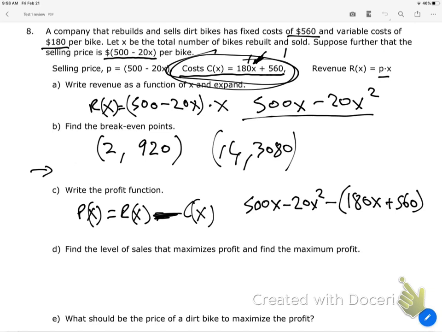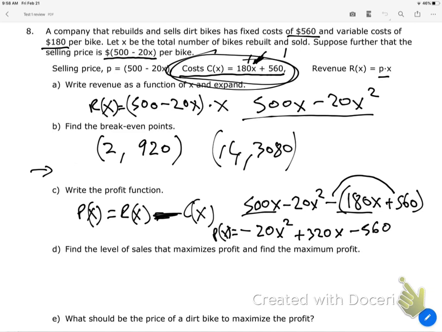So let's do this. We can have negative 20x squared. 500x take away 180x is positive 320x. And then think about this as negative 560. So that is the profit function right there.